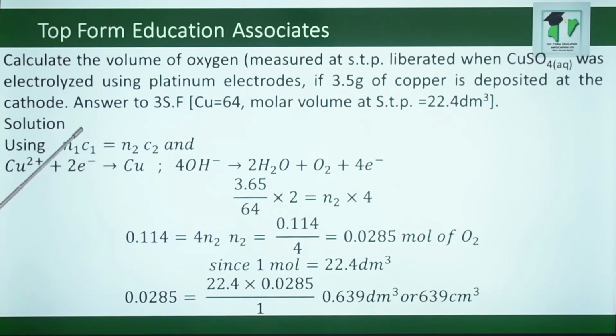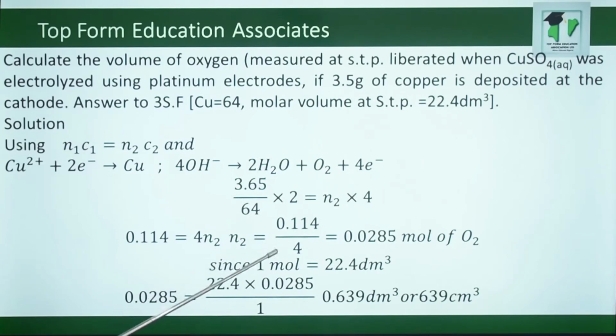Using N1C1 is equal to N2C2. And we know that copper is divalent, while oxygen is using 4 Faradays. We can say that 3.65 grams of copper divided by the molar mass of copper, which is 64, multiplied by 2 is equal to N2 times 4.